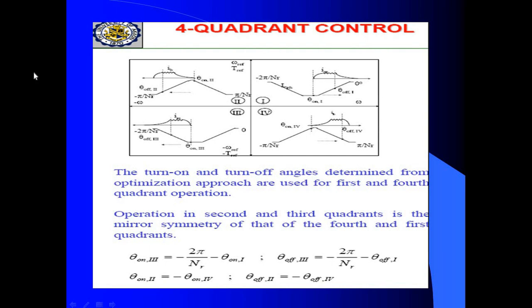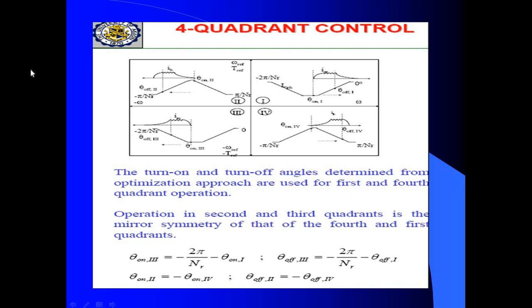Here the turn on and turn off angles determined from the optimization approach are used for first and fourth quadrant operation. Then the operation in the second and third is a mirror symmetric of the fourth and first quadrants.